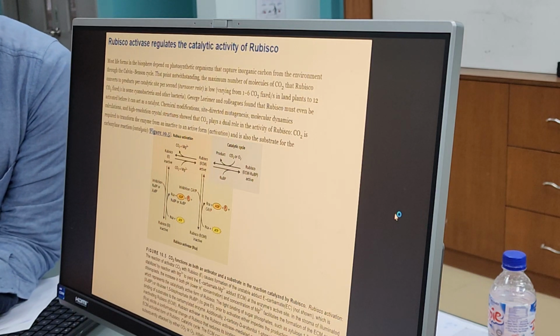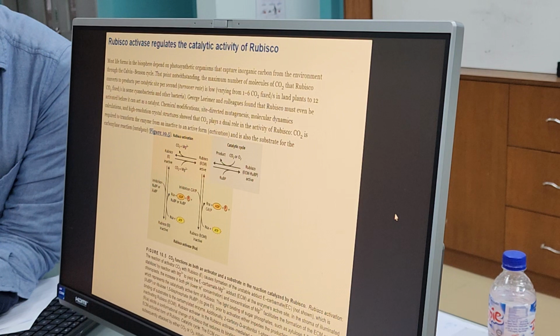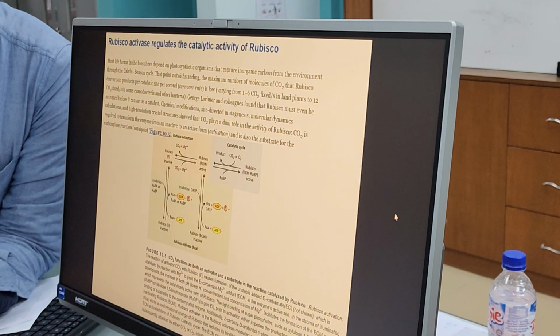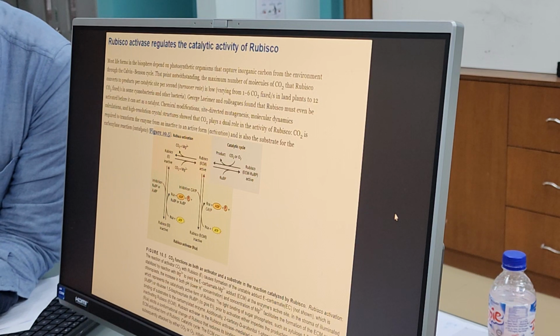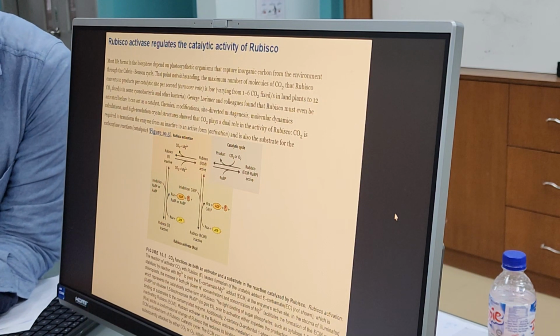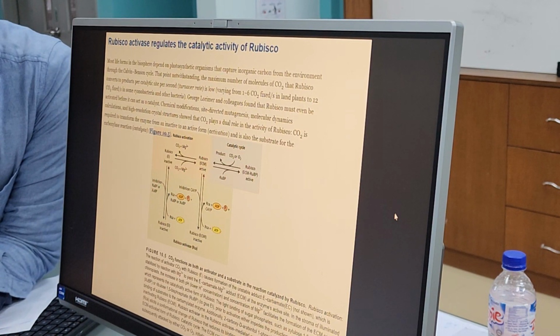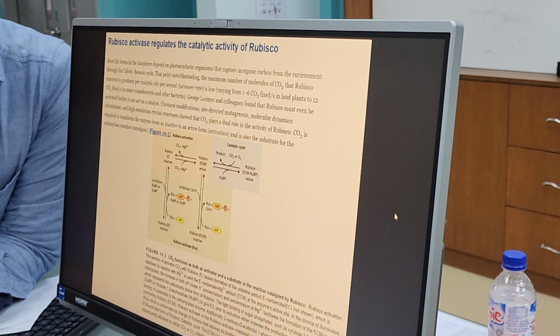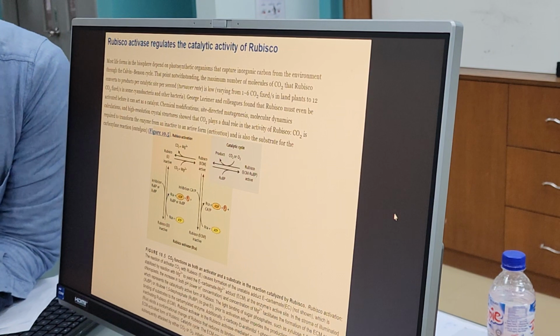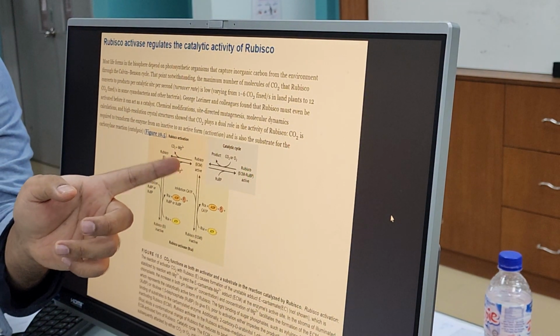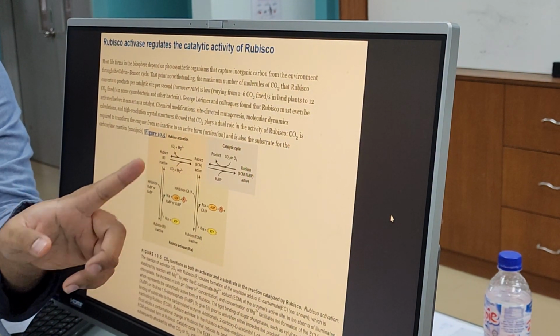You see, the thylakoid at one point has lots of magnesium in it, so it keeps pumping out all this magnesium to the stroma. So there is an increase of magnesium. Why? Because it wants to increase the pH. Okay, and magnesium is a good pH increaser. So it becomes the Rubisco active form.